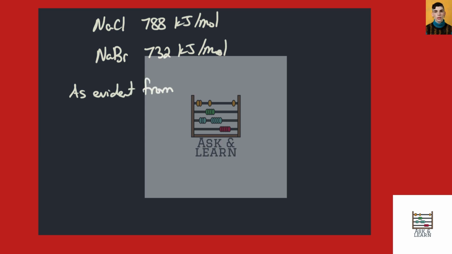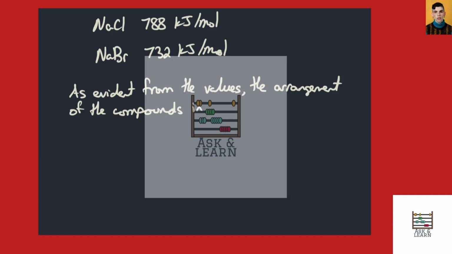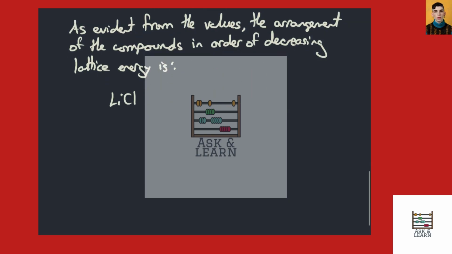As evident from the values, the arrangement of the compounds in order of decreasing lattice energy is LiCl to KF, NaCl to NaBr.